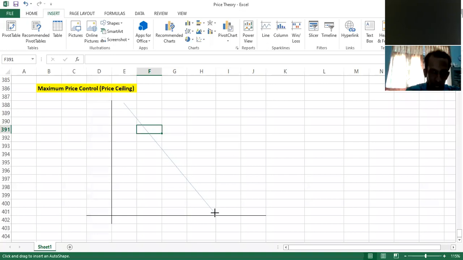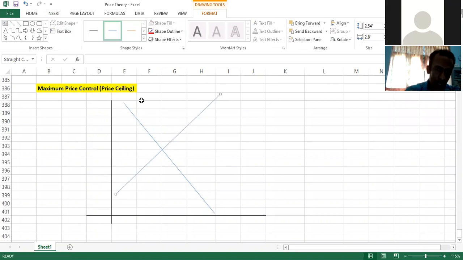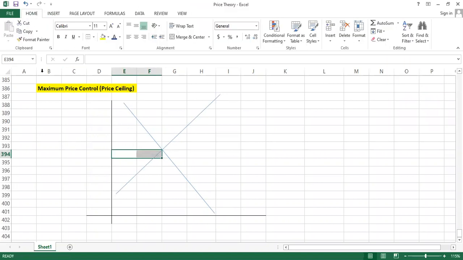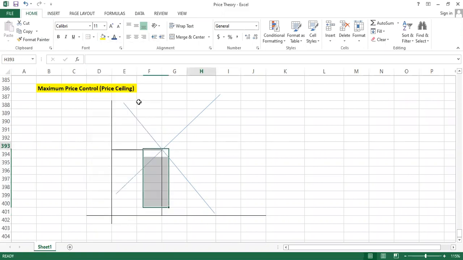Suppose the market determined price is very high. Then the government has to intervene and set a controlling price, which is right. Now in this example, this is the market determined price, and this is the equilibrium price and quantity for this product.